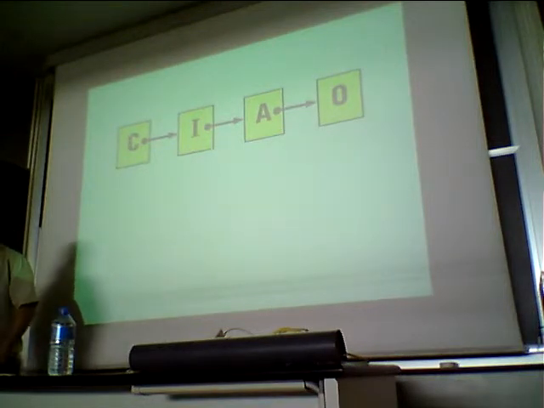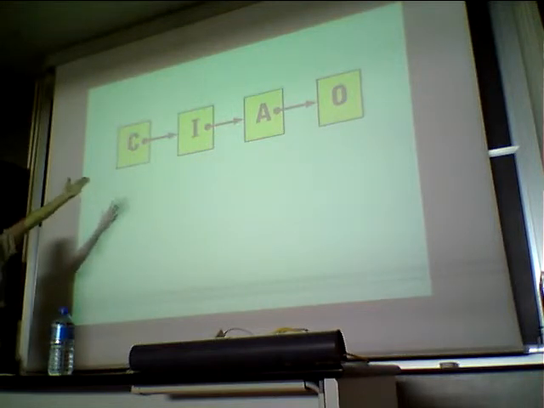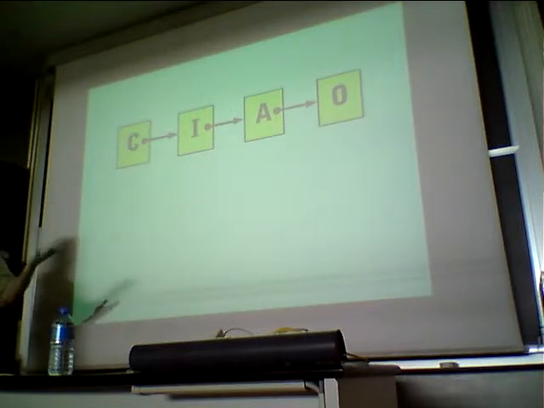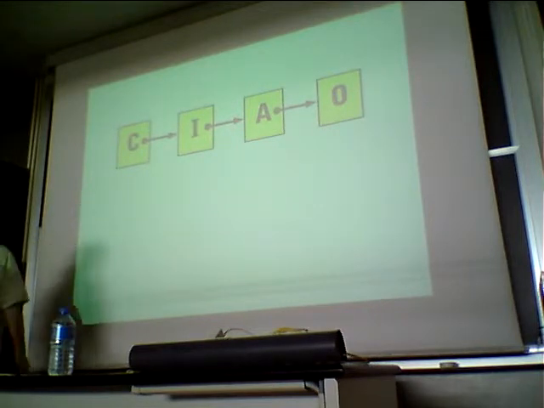So this is one of the earliest data structures that was ever invented back in the 70s, and it's one of the simplest possible structures, because you basically have a whole load of elements that have a piece of data, like C or I or A or O, and also a pointer to the next element.